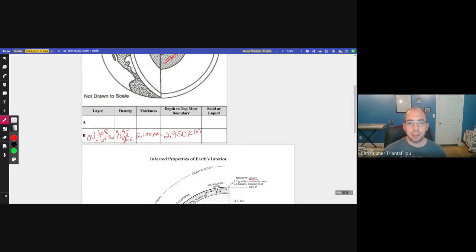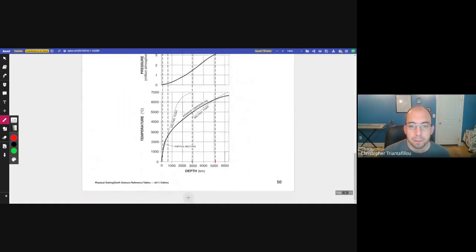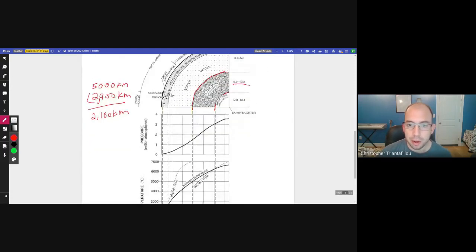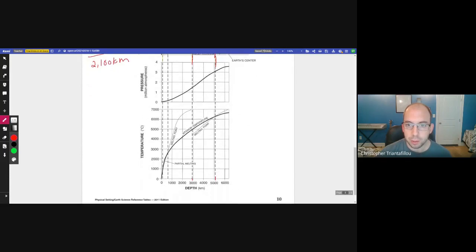And then for solid or liquid, we'll have to look at this one down here. So remember the outer core is that one and that one. Let's follow it down. And we can see here in green is the melting point, and the interior temperature is the solid.